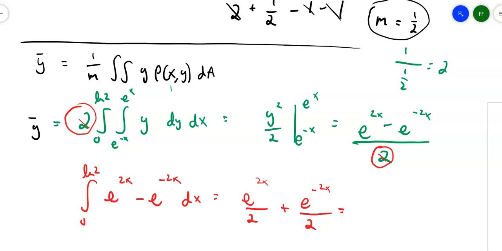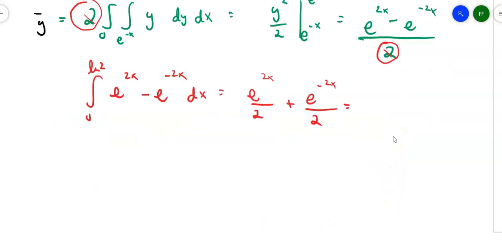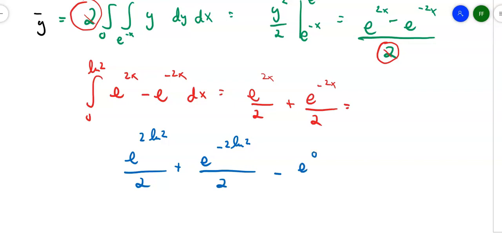Now do your substitution. Evaluate it at the natural log of 2. And this will give me e to the 2 natural log of 2 over 2 plus e to the negative 2 ln 2 over 2 minus e to the 0 over 2 minus e to the 0 over 2.